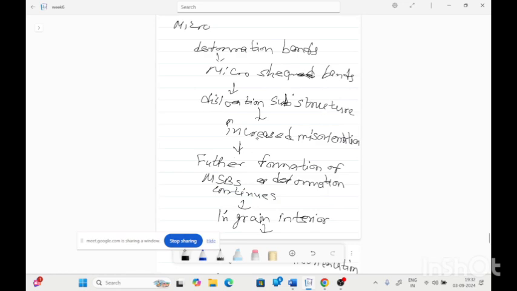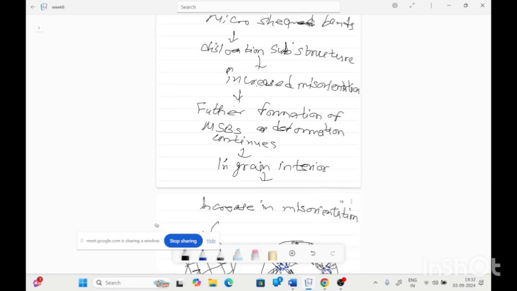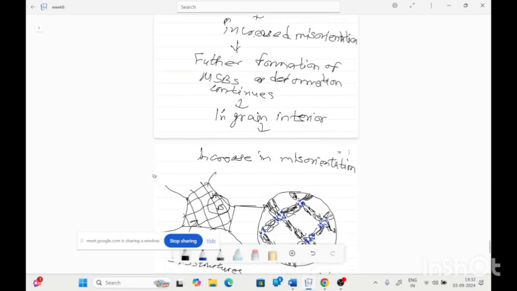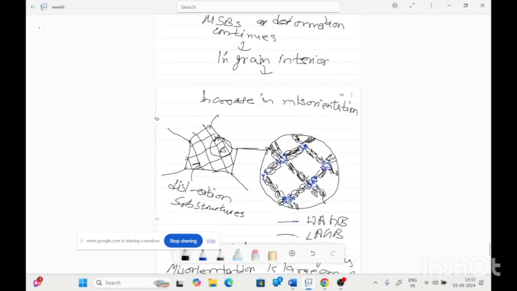That further increases the misorientation, forms micro shear bands again in the grains, and that leads to more high angle and low angle grain boundaries.